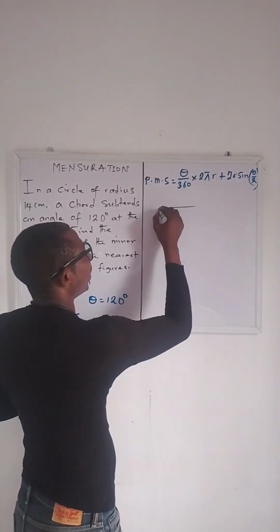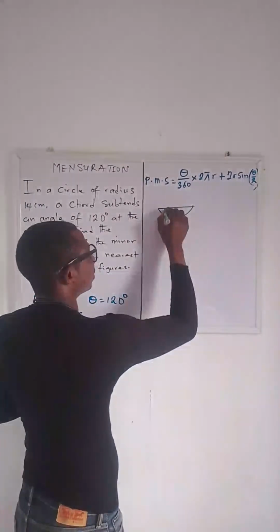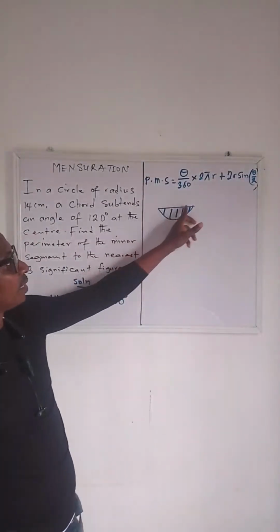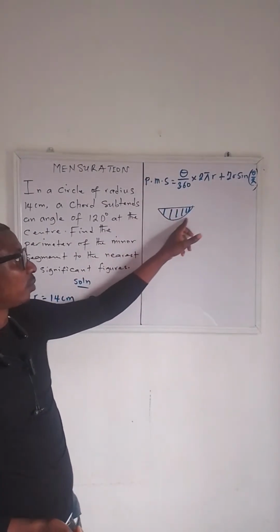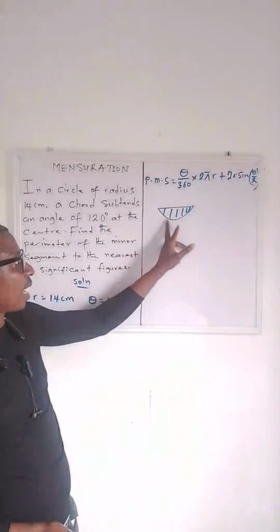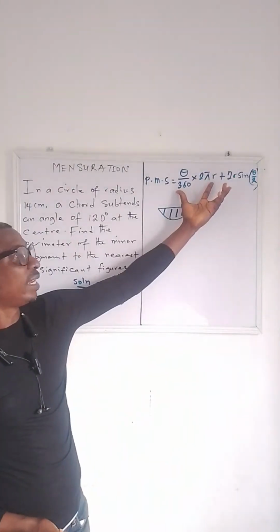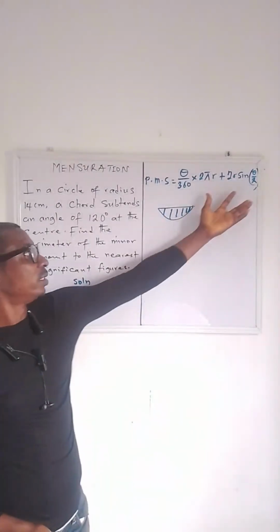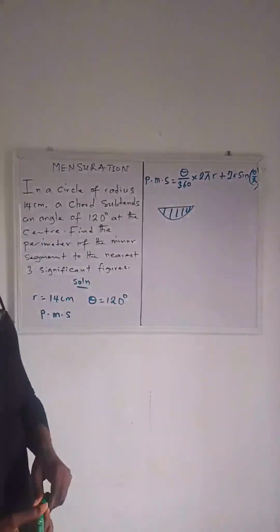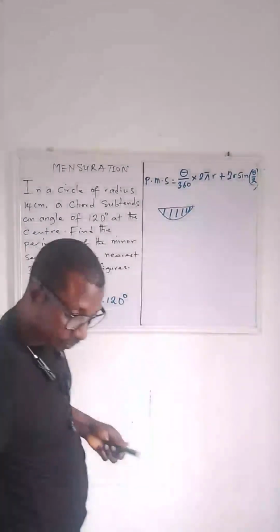A minor segment is like this. If you want to get the perimeter, you have this length and this curve, which is the arc. This is the formula for finding the length of the arc, and this is the formula for the chord.